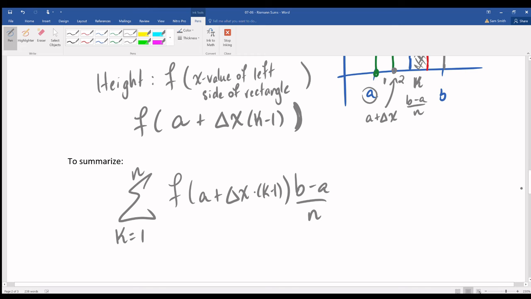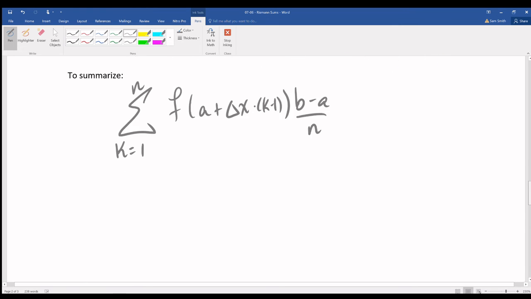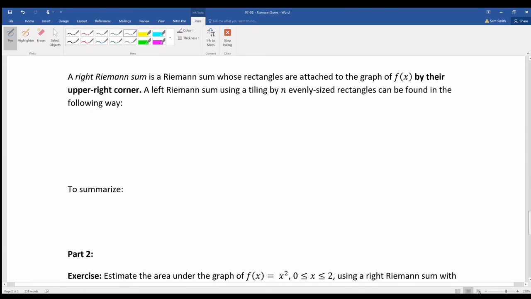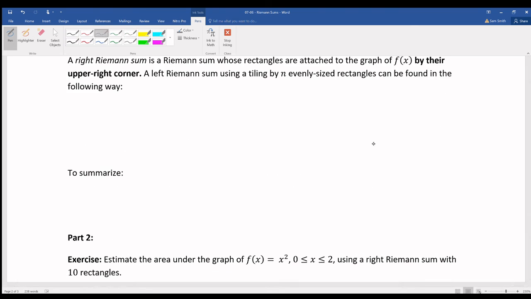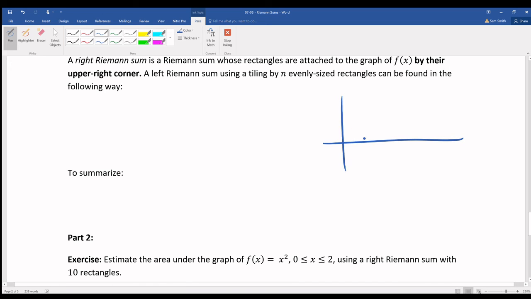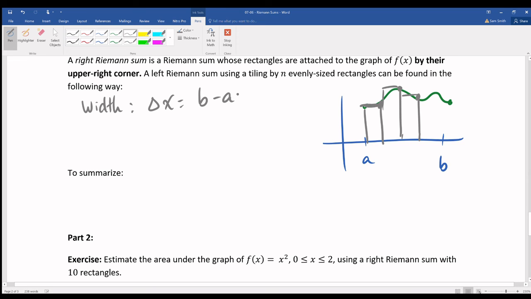Now, if you want to attach the rectangles on the right-hand side instead of on the left, then the formula is almost exactly the same. In this case, if I want to attach the rectangles by their right ends instead of by their left ends, the width is still going to be an even distribution, b minus a divided evenly across those n rectangles.